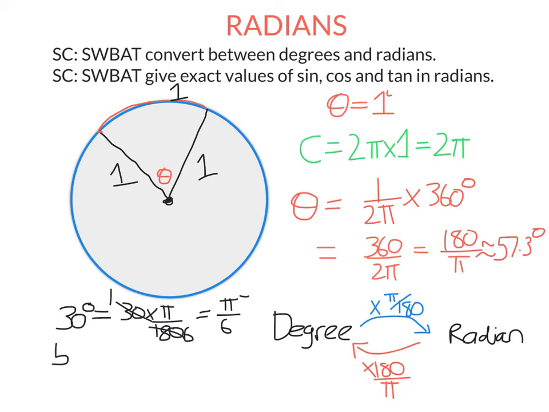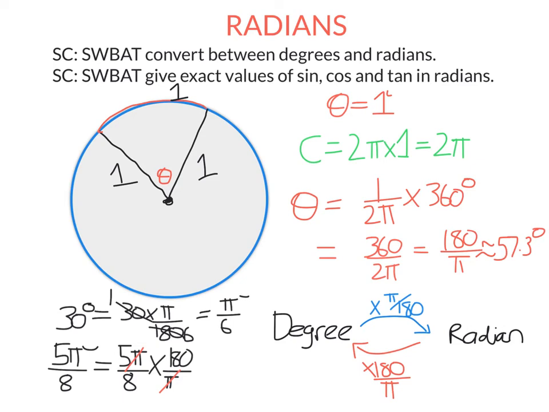So let's say I have 5 pi on 8 radians and I want to convert to degrees. So I take my 5 pi on 8. To go from radians to degrees, we don't times by pi over 180, we times by 180 over pi. So now I'm going to cancel again. Both top and bottom have a pi. I'll cancel that.